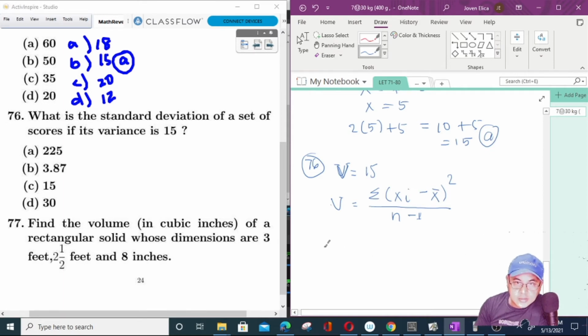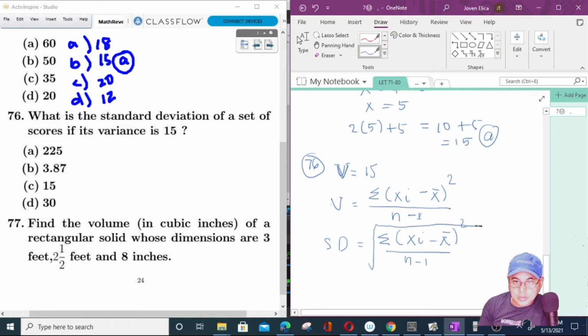The standard deviation, represented by SD, is the square root of the summation of (xi minus x bar) squared divided by n minus 1. These are the formulas. The standard deviation is actually just the square root of the variance.